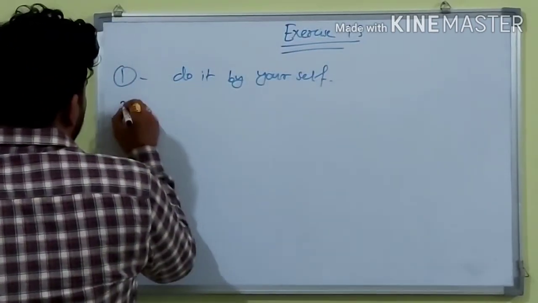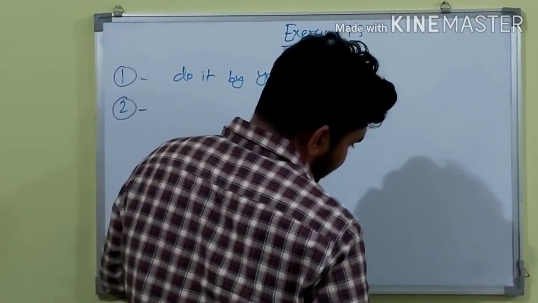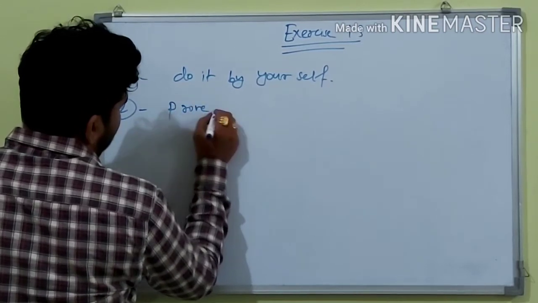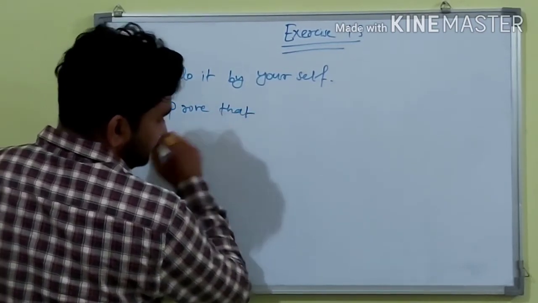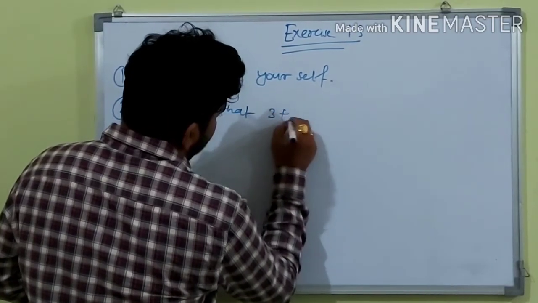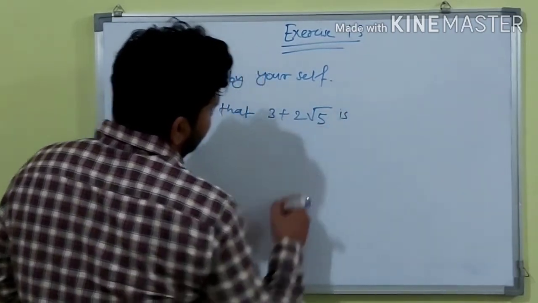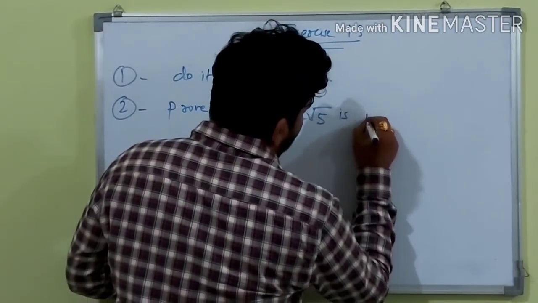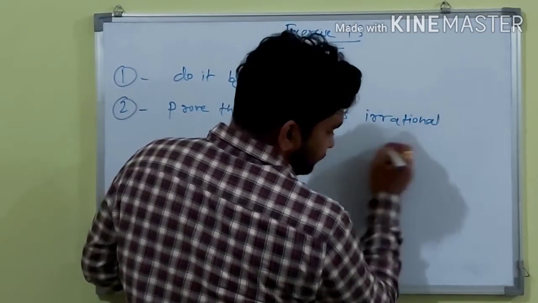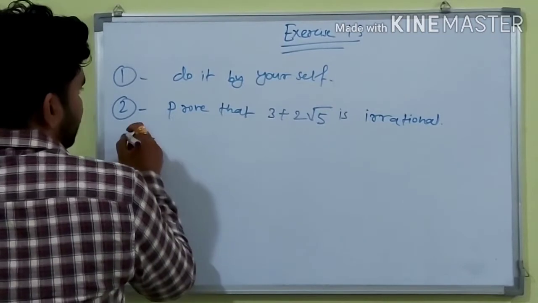Question number 2 is said prove that 3 plus 2 under root 5 is irrational. Okay, write the solution of this.